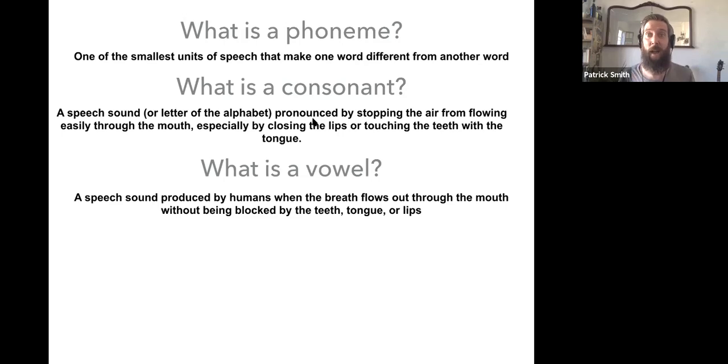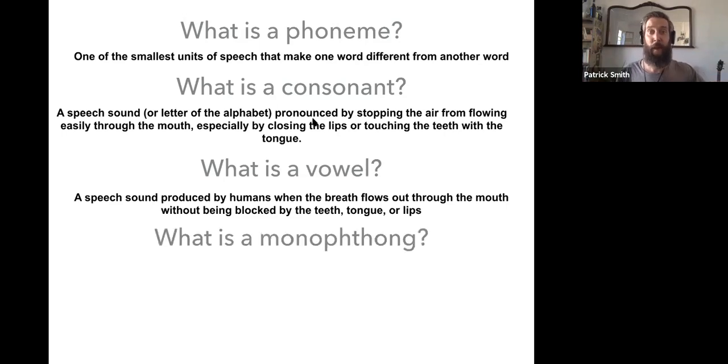My mouth's open in all cases. Obviously, I change the shape of it. Sometimes it's more open, sometimes it's more closed, but it's always open, because a vowel always has air flowing outwards, and that's one of the things that makes it a vowel. So I don't block it with my teeth or my tongue or my lips. It's free to flow.